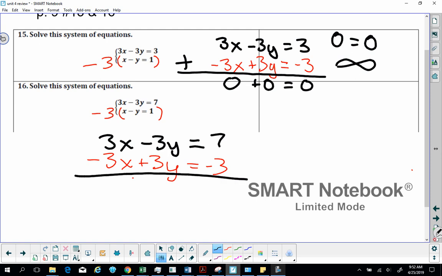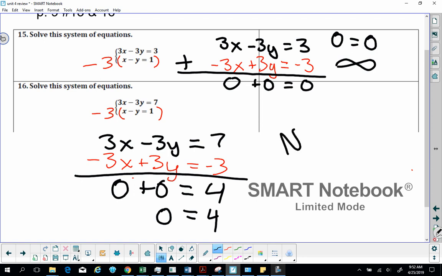So when I add them together, I get 0 plus 0 equals 7 plus -3, which is 4. Does 0 equal 4? No. So Tyreek is right.